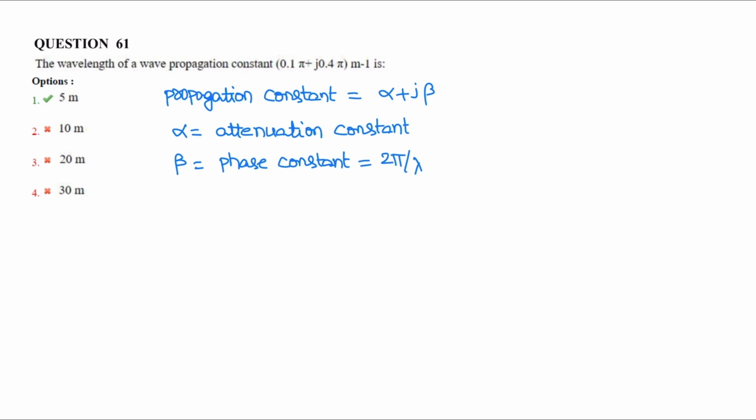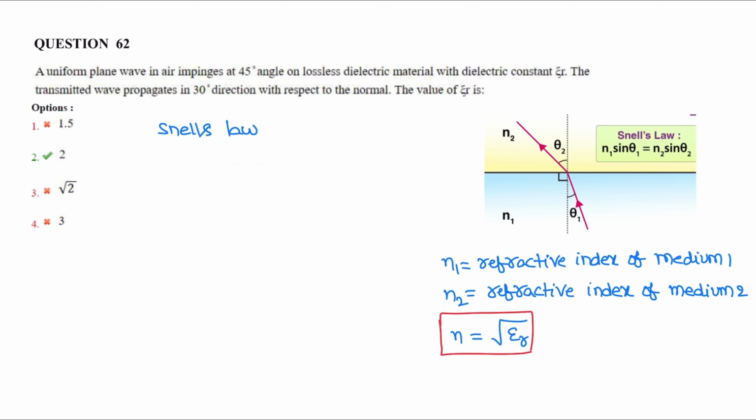So the phase constant given is 0.4 pi. 0.4 pi is equal to 2 pi by lambda. From here wavelength is 2 pi by 0.4 pi, that is 1 by 0.2, which is 5 meters. So wavelength is 5 meter.